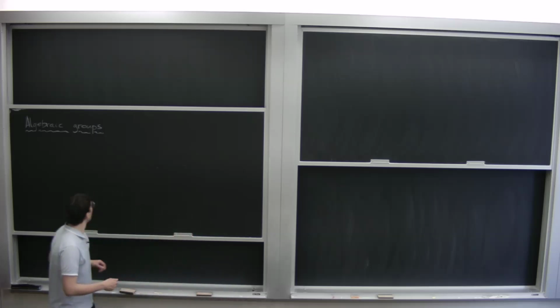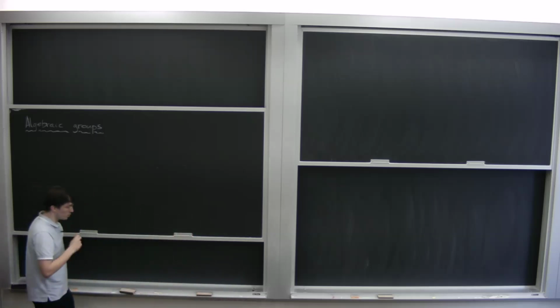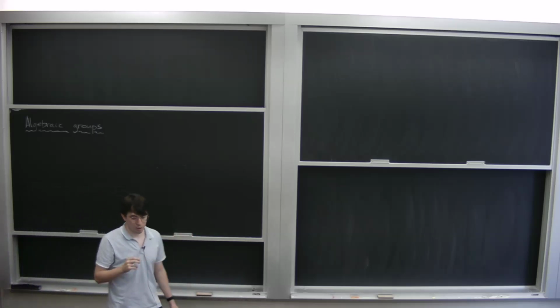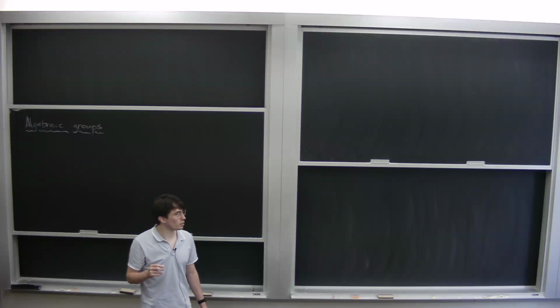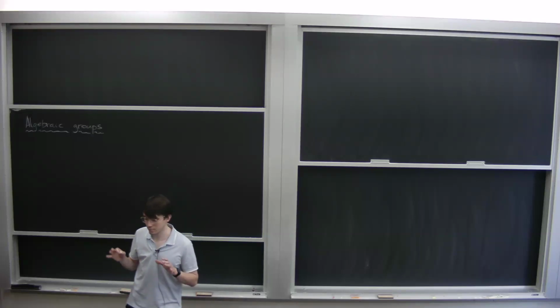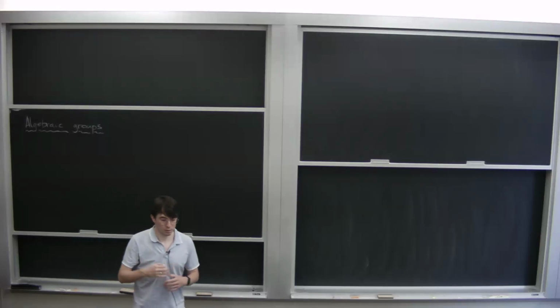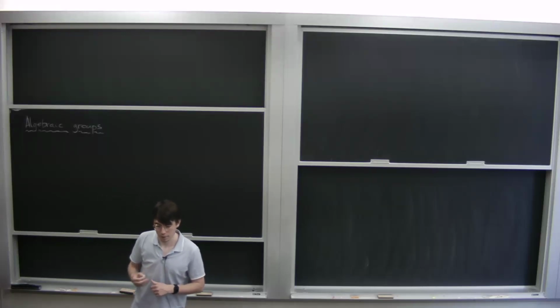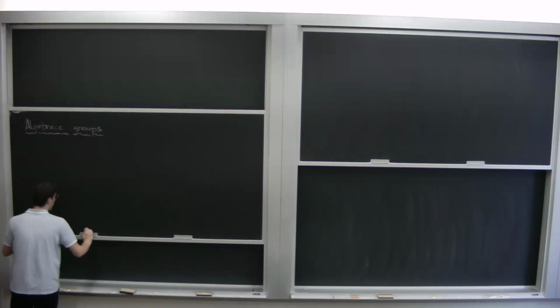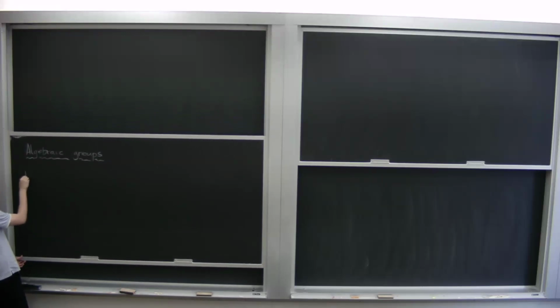use that screen. Okay, so roughly speaking, algebraic groups are such groups that are defined by some set of polynomials such that the group operations are also polynomial morphisms. But let me introduce the notion of an algebraic variety.